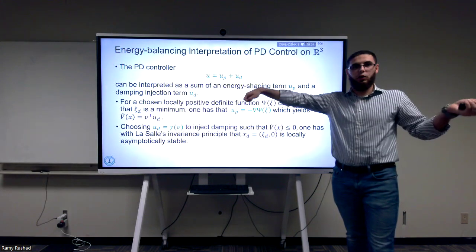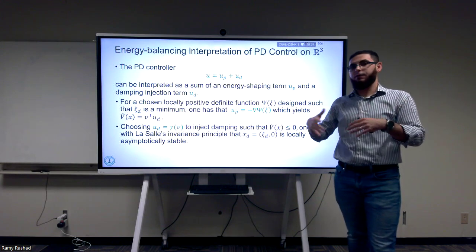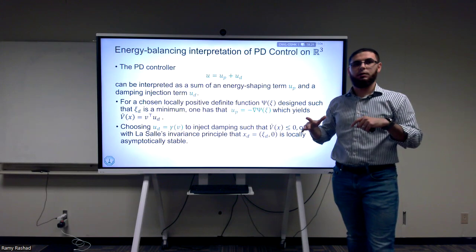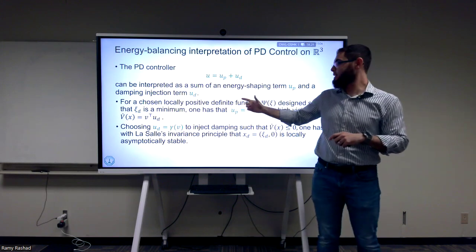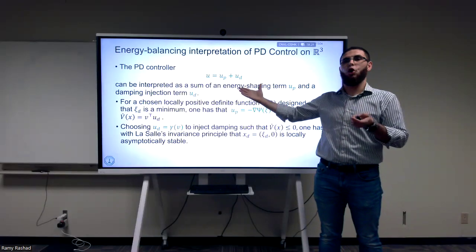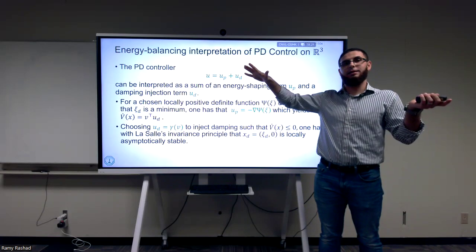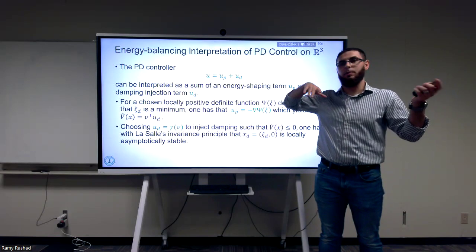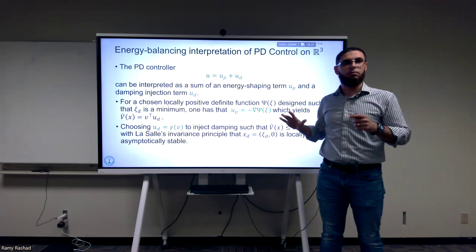Depending on how many other equilibrium points, let's say, for example, you have 20 equilibrium points. Only one of them satisfies this local positive definiteness. This is the only one that you're interested in. Usually it's the origin. And the rest of the 19 equilibrium points are all unstable. Then what do I conclude with this controller?